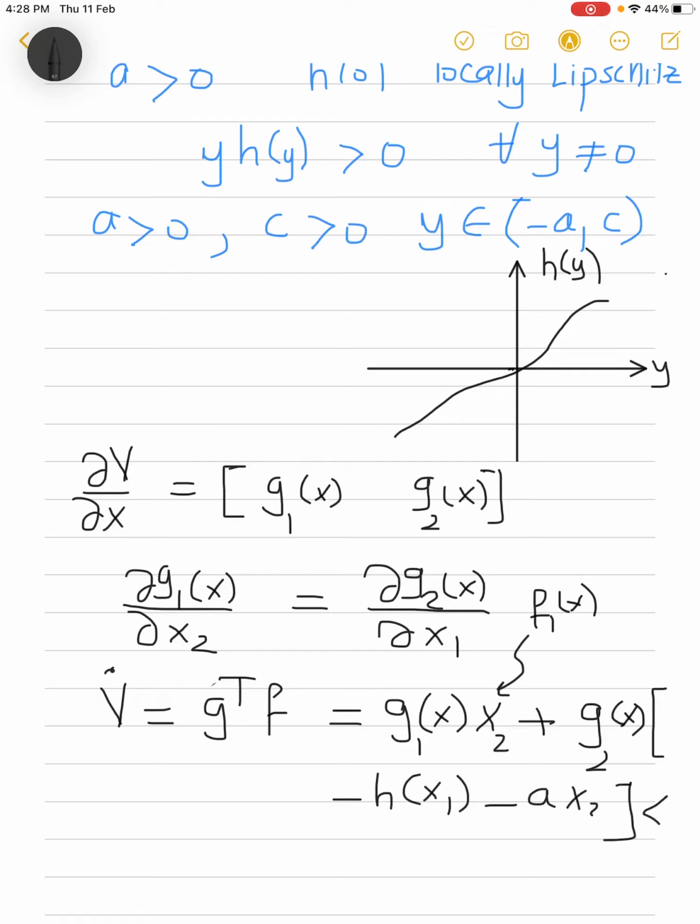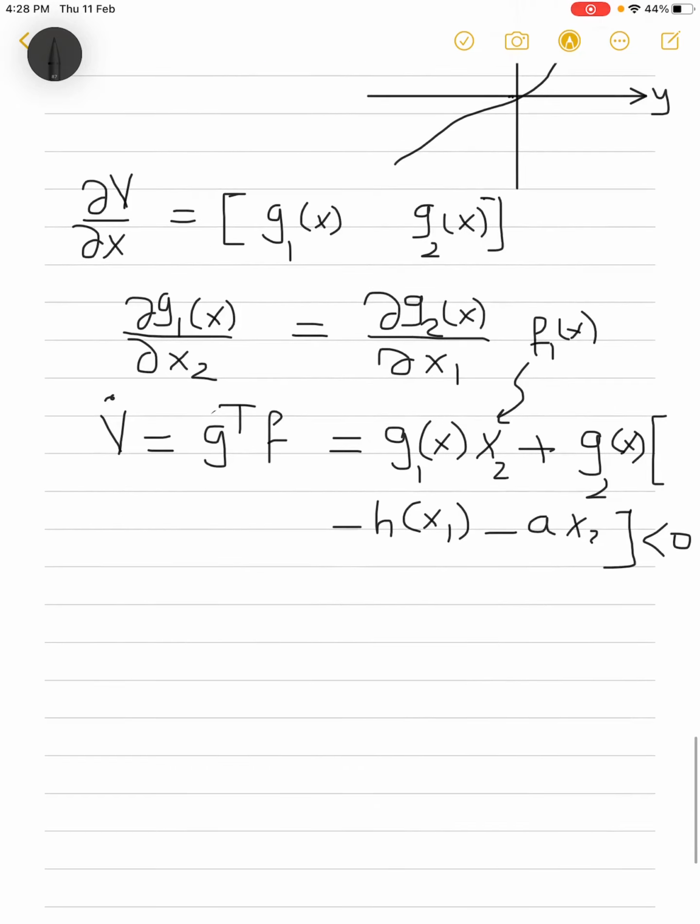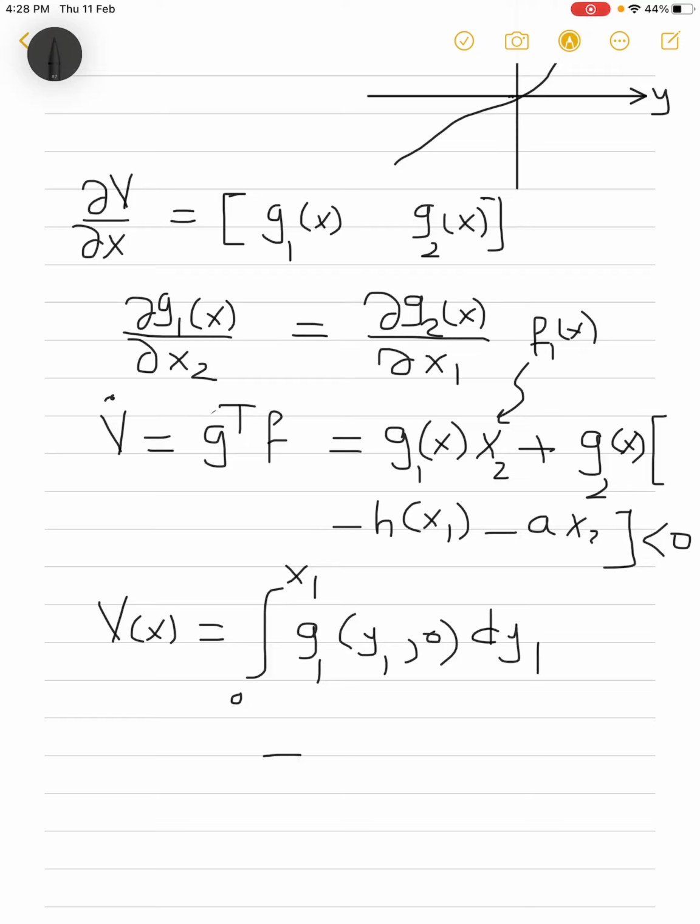So that has to be negative definite. We also know that v of x is the integration from 0 to x1 of g1 of y1 and 0 dy1, plus the integration from 0 to x2 of g2 of x1 and y2 dy2, and that has to be positive definite.